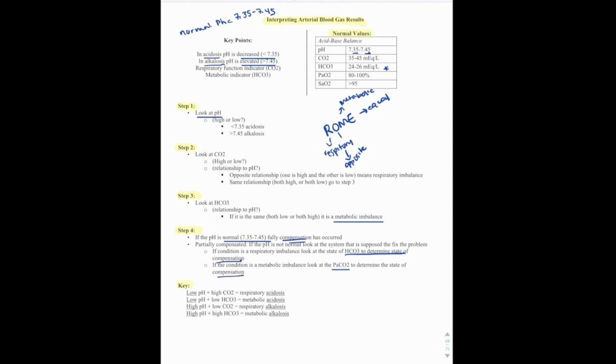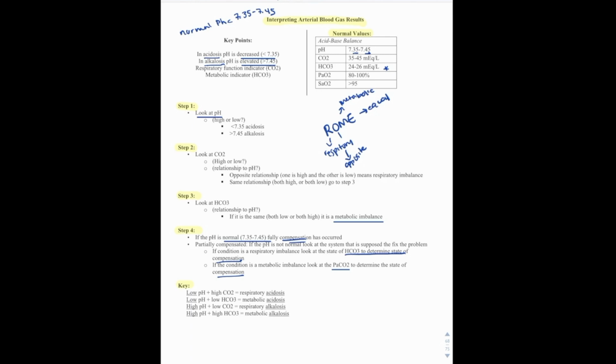What this means in an equation format is that a low pH plus a high CO2 is respiratory acidosis, because we have a low pH, we know it's acidosis, and we have a high CO2, so we know that it's respiratory. A low pH plus a low HCO3 is metabolic acidosis.